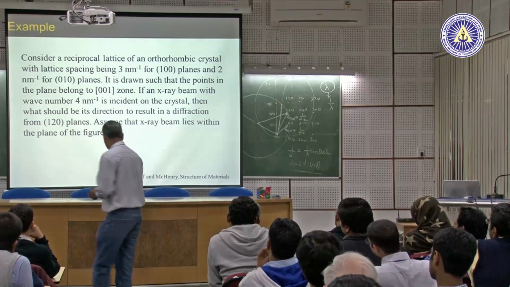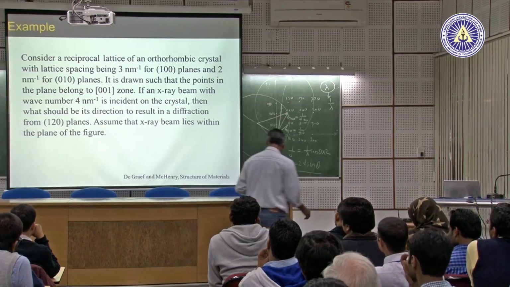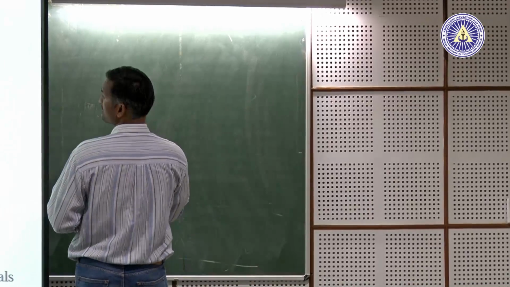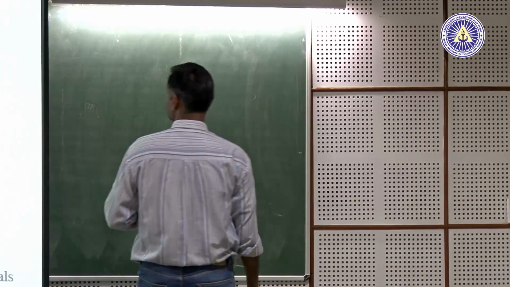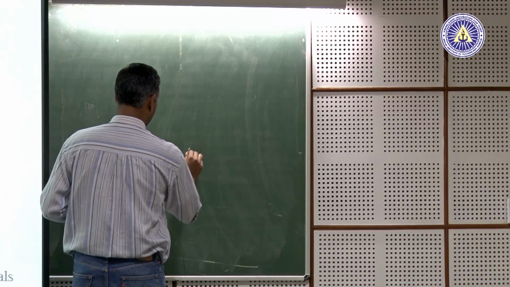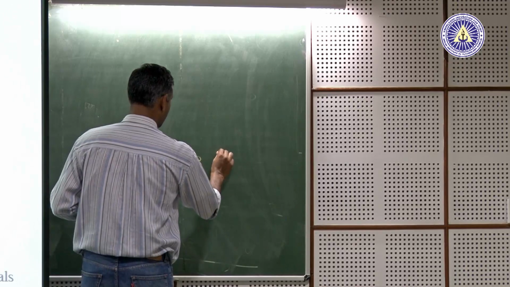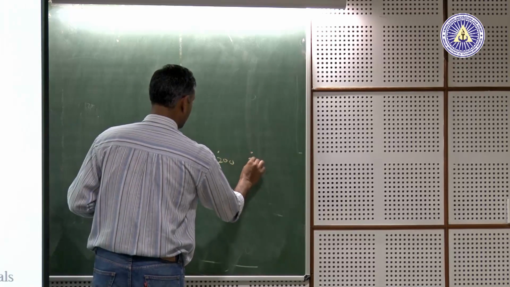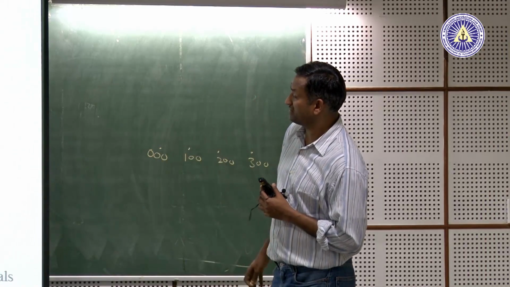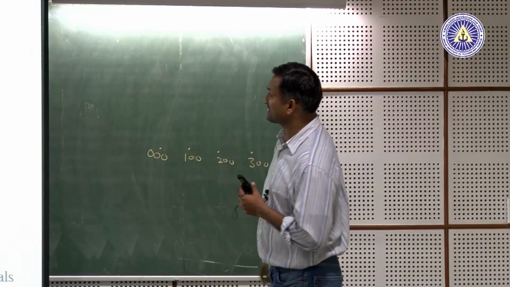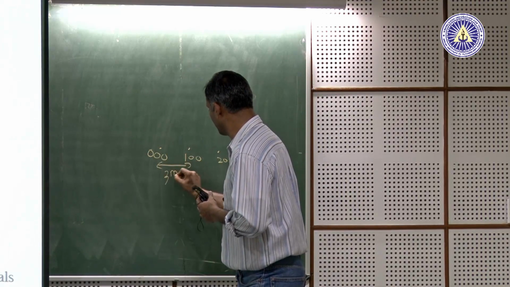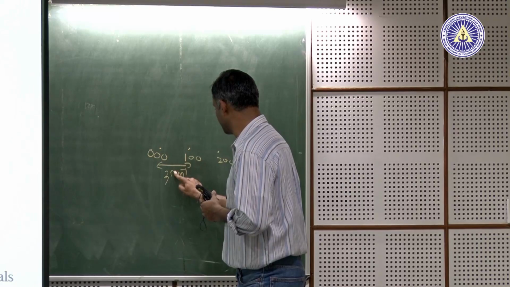What we do here first is construct the reciprocal lattice. This is the 000 point. You can take 100, 200, 300, and so on. You don't need to go beyond too many points, and 100 is equivalent to 3 nanometer inverse.